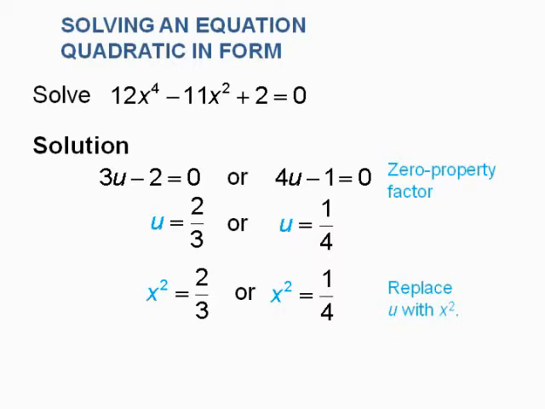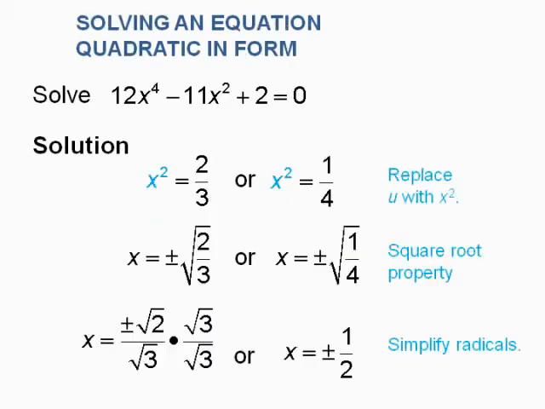Now be careful on this one, because when you say that u is x squared and you substitute it back in there, remember the square root principle. When you take the square root of both sides of the equation, you will get not one, but two answers, plus or minus the square root of 2/3 or plus or minus the square root of 1/4, which they rationalize, that square root of 2/3.